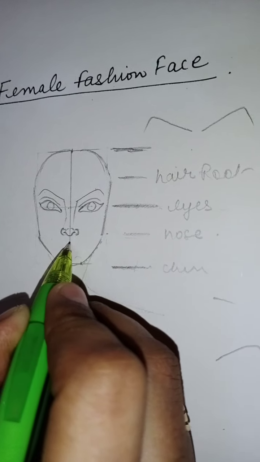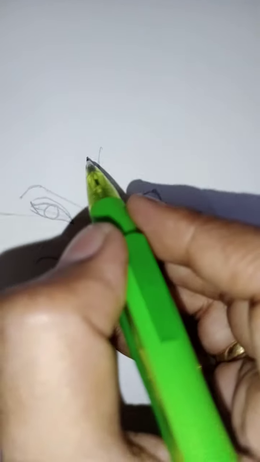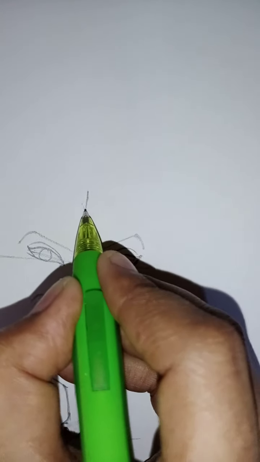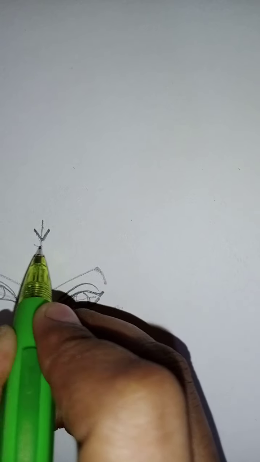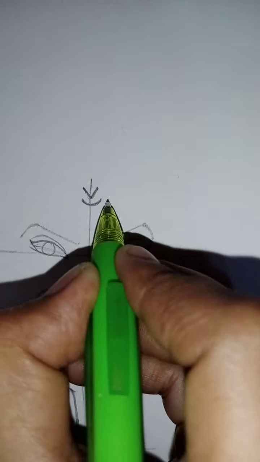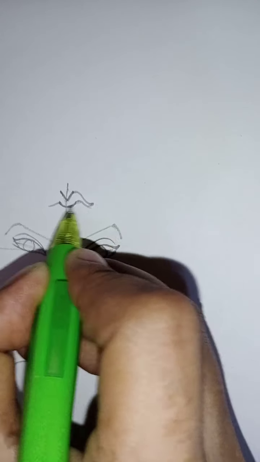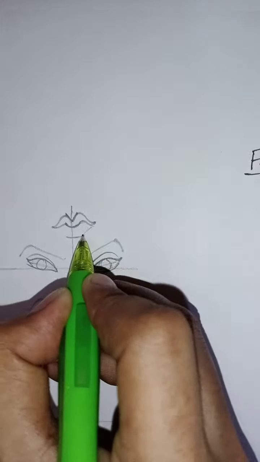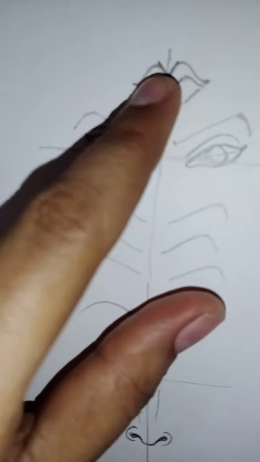Now I'm going to make my lips. How can I make my lips? See, here I have to make my lips. So I will make a V shape like this. Then a curve here. This is the shape for my lips.